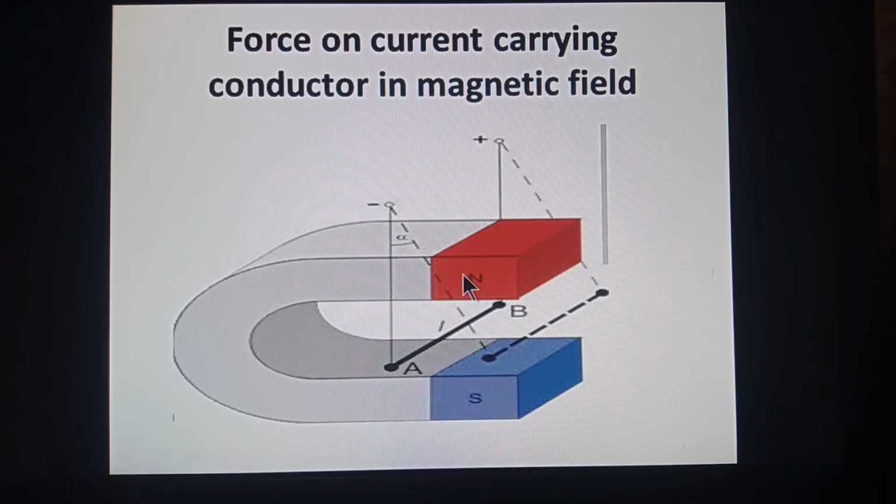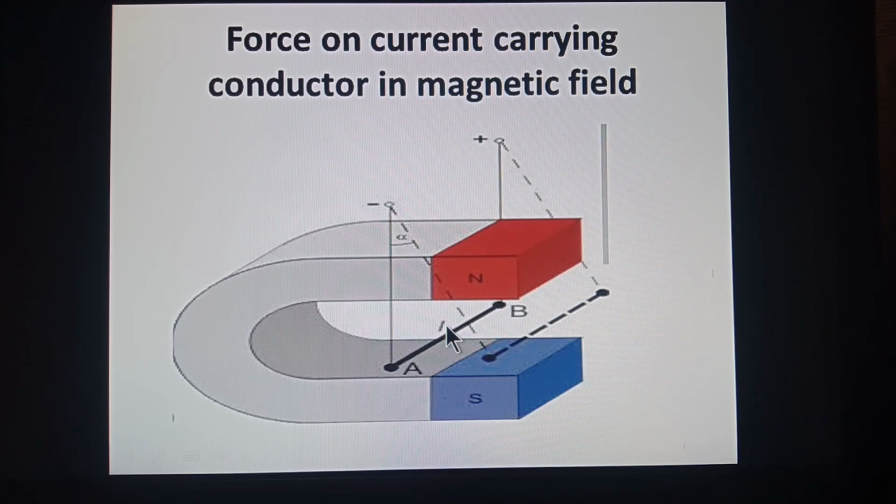Let us consider this diagram in which a current carrying conductor AB is placed between the two poles of a horseshoe magnet. There are two magnetic fields. One is the field of this magnet that is acting downward in this diagram, and the other is the magnetic field produced due to flow of current in this conductor.